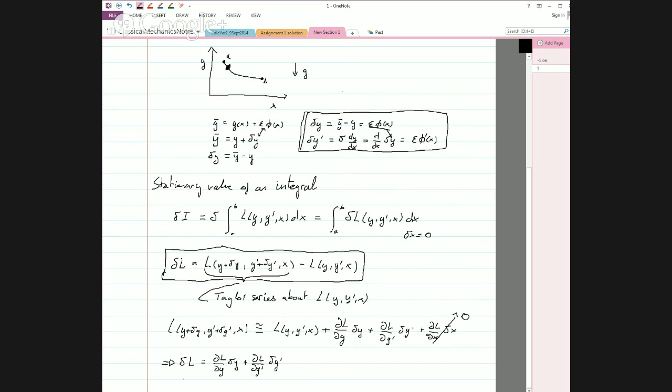Okay? And that's, of course, the chain rule that we've already derived earlier. Remember, in an earlier lecture, we actually looked at the variation of a function that depends on multiple functions, and we found exactly this. All right, so I'm just redoing the derivation.